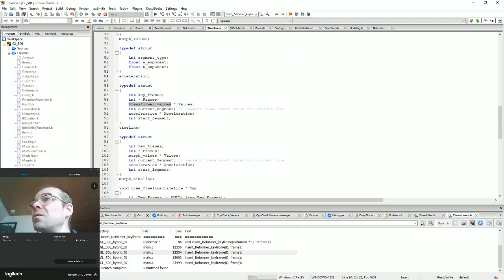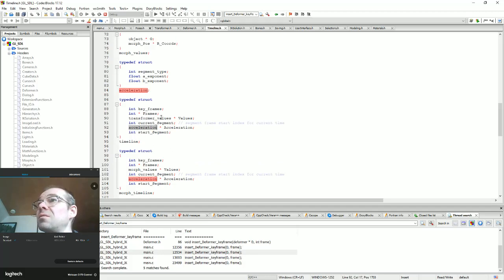And here we have also acceleration array. This corresponds to these segments. Every segment has this acceleration involved.